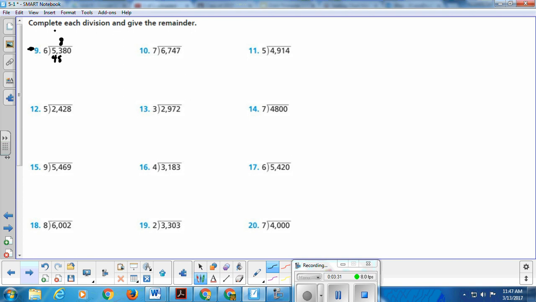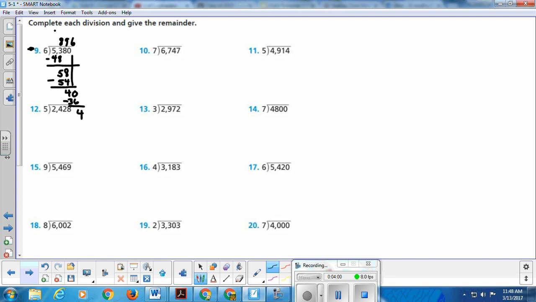Multiply 48. Subtract. Bring down the 8. So I can do 9 because I know that's 54. Subtract. Bring down the 0. 6 goes into 40, 6 times. 36.